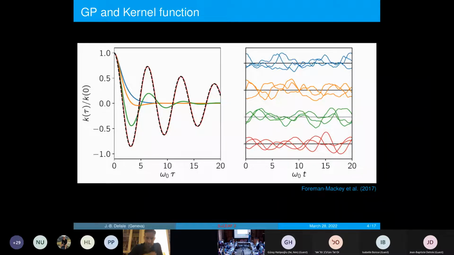But what is very important to notice here is that at a given time, we don't know at all what the value of the Gaussian process is. It's not encoded in the kernel we choose.